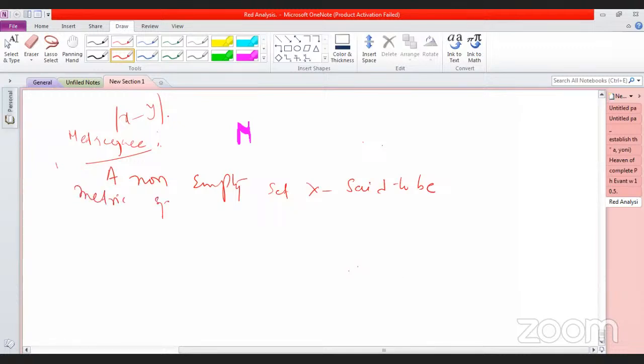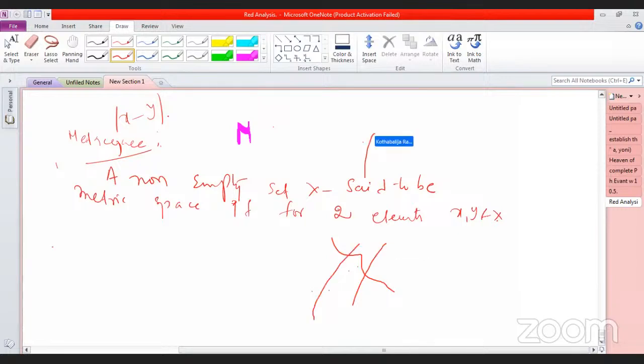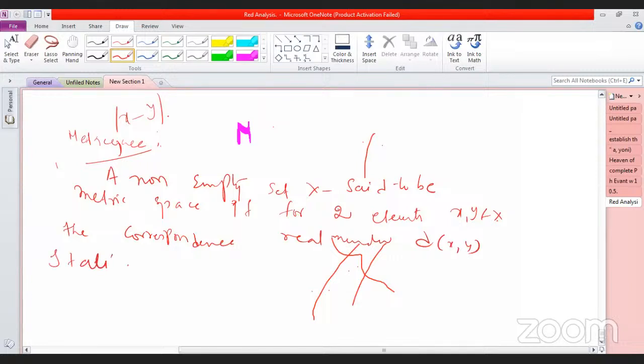a metric space if for two elements x, y belonging to X, capital X, the small x, y values are in there, the correspondence to a real number D of x comma y satisfying the following properties.